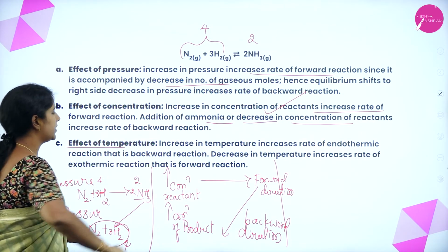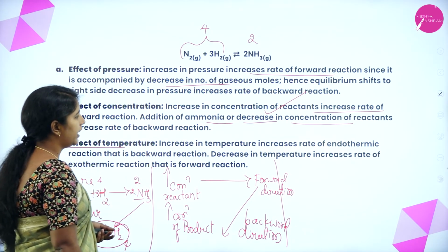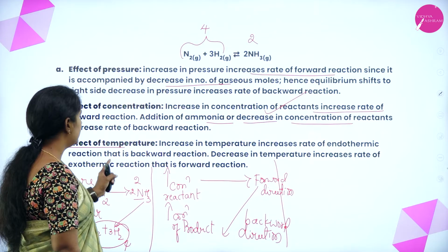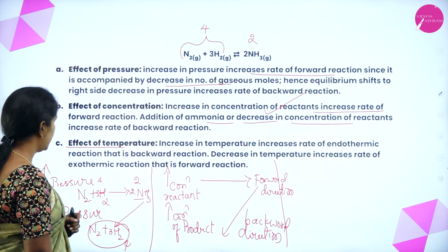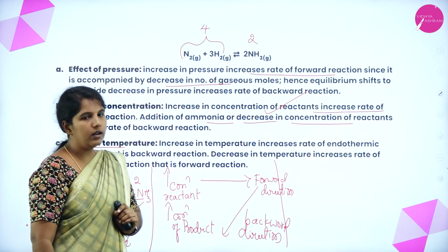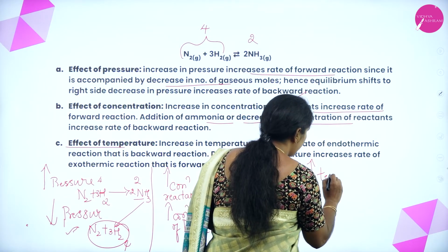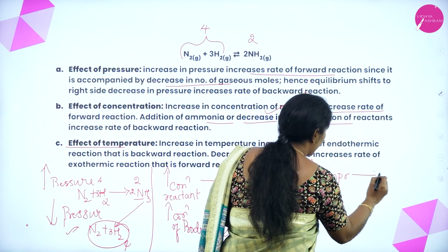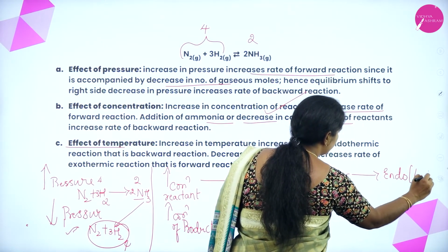Last, we will see the effect of temperature. The increase in temperature increases the rate of the endothermic reaction, that is the backward reaction, and a decrease in temperature increases the rate of the exothermic reaction, which is the forward reaction. So, if I increase the temperature, it favors the endothermic reaction, which is nothing but the backward.